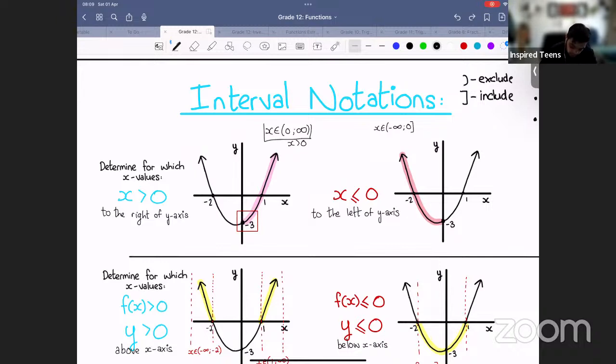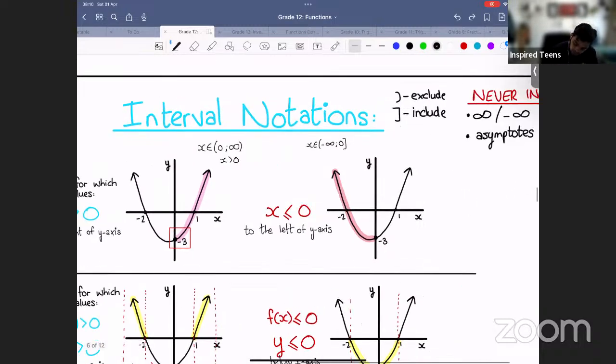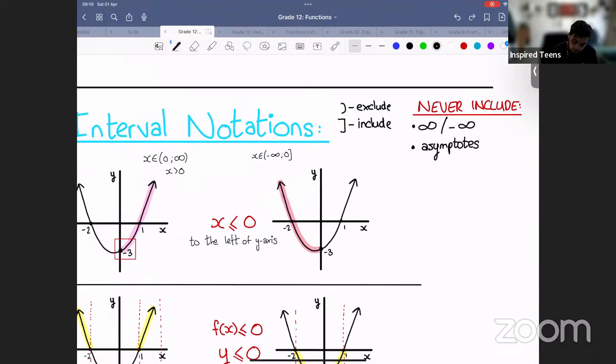So we represented our interval as x is an element of our start value and our end value. Our start value is 0 and our end value is infinity. The reason we didn't include infinity is because we never include infinity. The reason we didn't include 0 was because the question didn't include 0. So when the question doesn't include it, then we don't include it either. And for these things here, no matter what the question says, we exclude them.